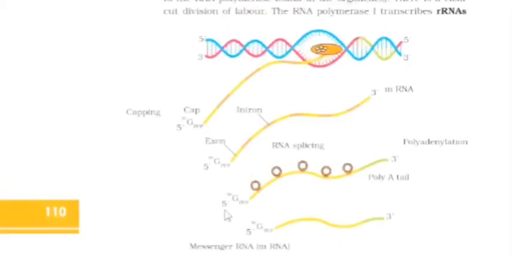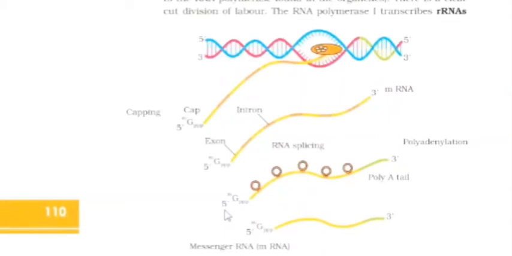So 3 steps are needed to convert this HnRNA to a processed or mature mRNA. First step, we have studied splicing. The introns are removed and only exons are present. Second step, towards the 5' end, methyl guanosine triphosphate is added. Then the last one is tailing. Towards the 3' end, polyadenylate residues are added.